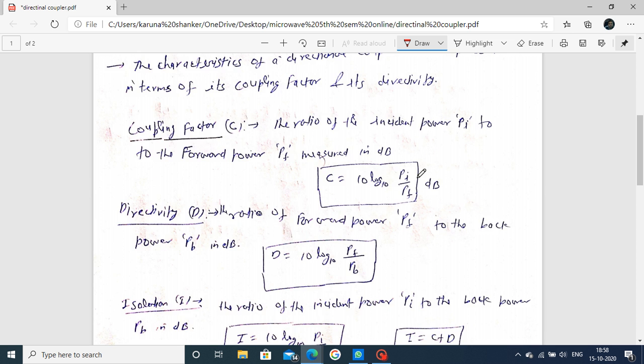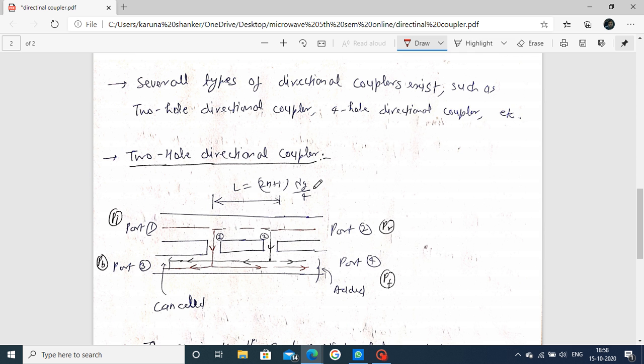Next, we observe the directional coupler as a two-hole directional coupler. Here this is your complete primary waveguide, and the next one is your secondary waveguide. Now we create two holes, one here and the next one here, a two-hole directional coupler.